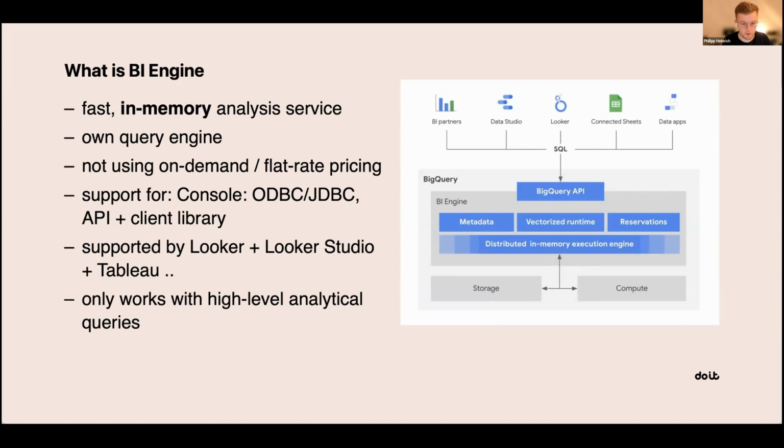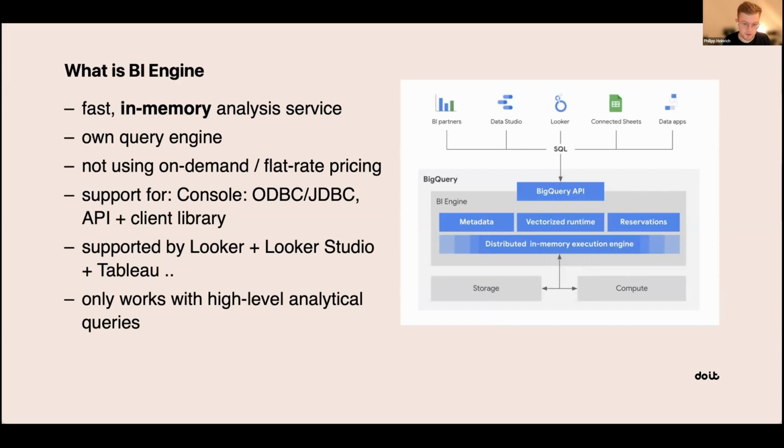The good thing is BI Engine is also available for ODBC and JDBC connections. So whatever BI tool you use on top, it's not only Looker Studio, but also, for example, Connected Sheets or everything else that has a JDBC connection is supported here as well.